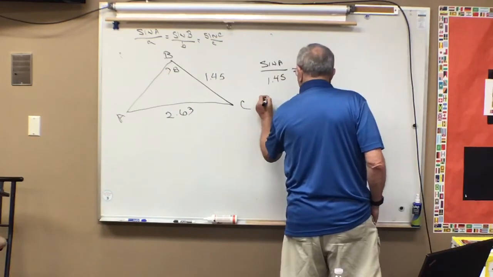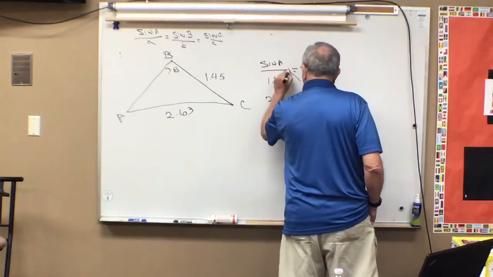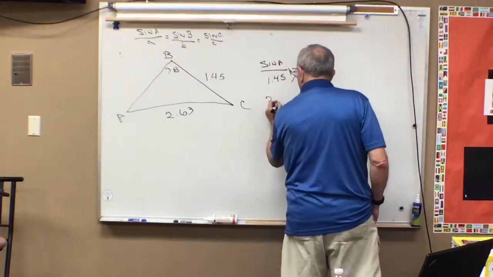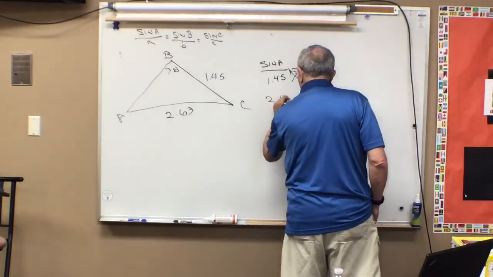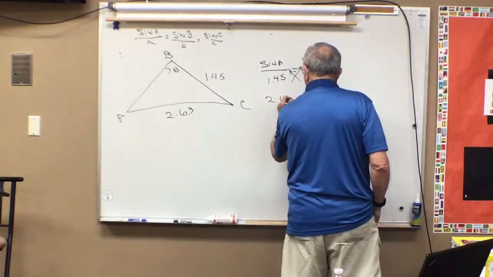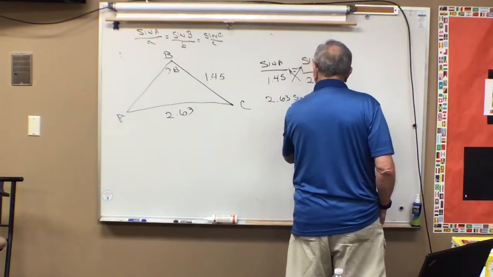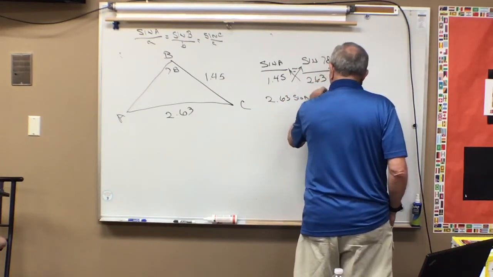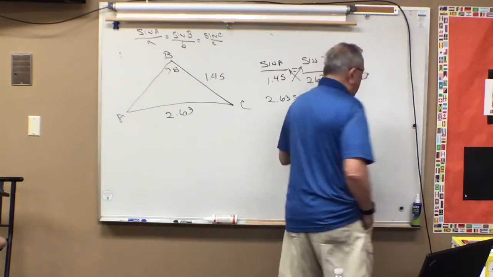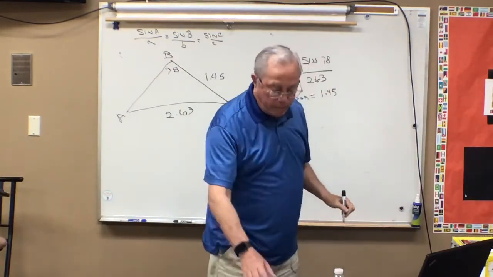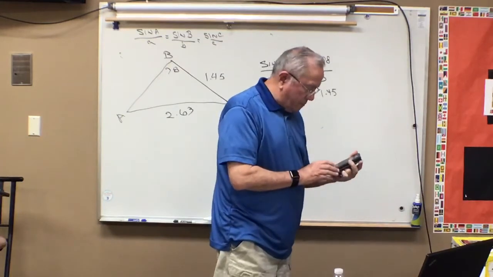So now we go to sine of A, which we don't know. So it's going to be 2.63 sine of A equals 1.45 times the sine of 78. Now I've got to look up the sine of 78, don't I? Can you look up the sine of 78?